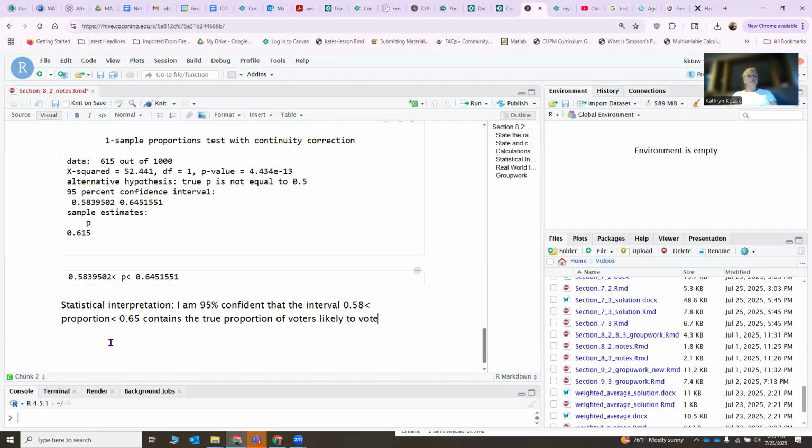So notice with statistical interpretation, I'm not 95% confident that the proportion is in that interval. I'm 95% confident I captured that true value. I caught that interval. Now we can go to the real world.